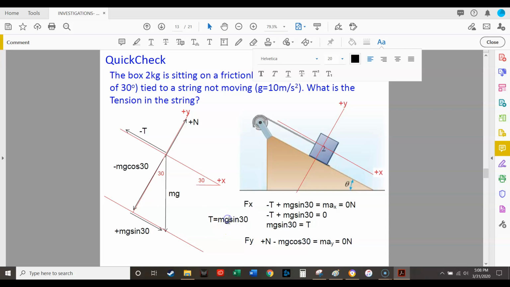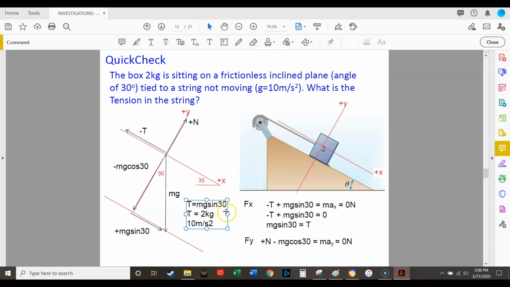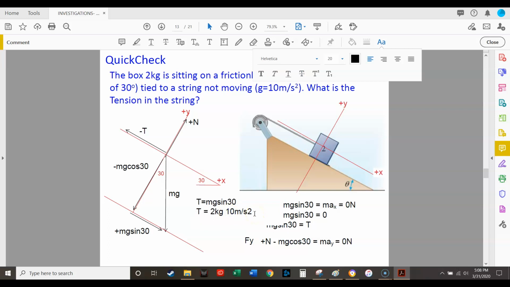So if this is a 2 kilogram box, then we know that the tension is going to be equal to 2 kilograms times 10 meters per second squared, that's gravity, the gravitational acceleration, times sine of 30 degrees.